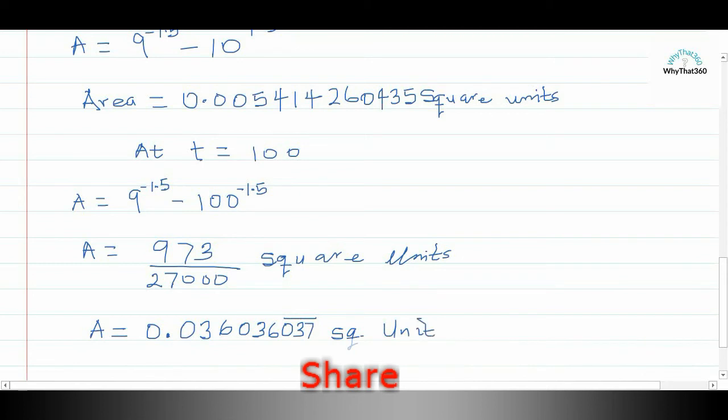Any of these two values is correct for the area when t is 100.